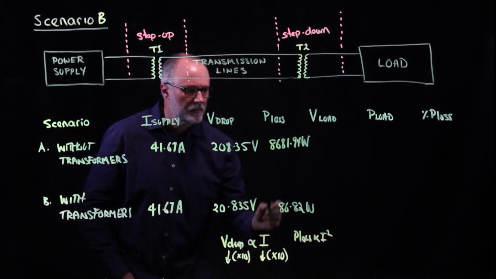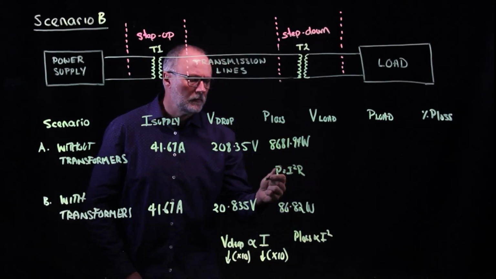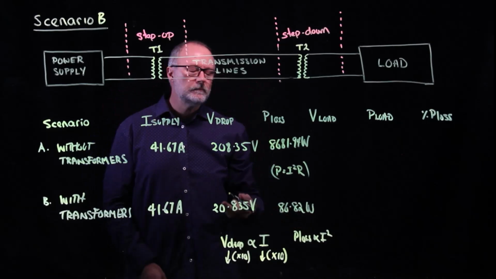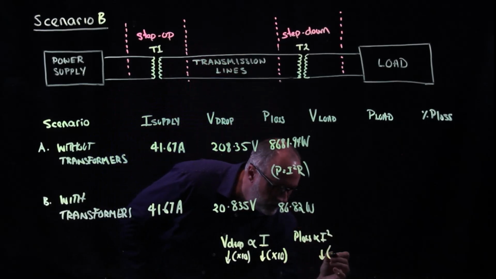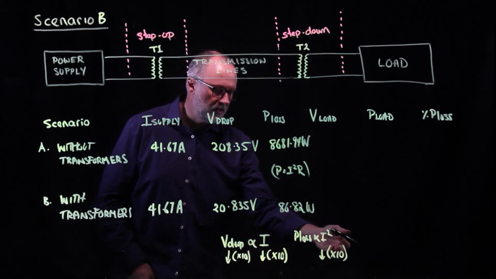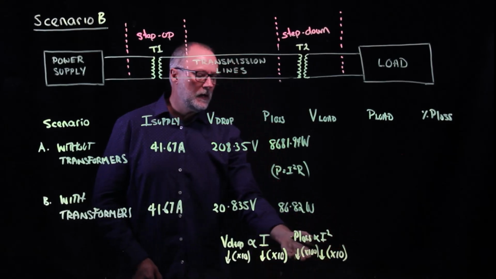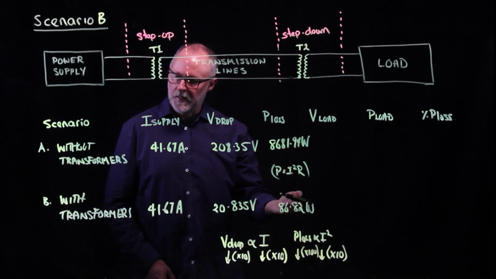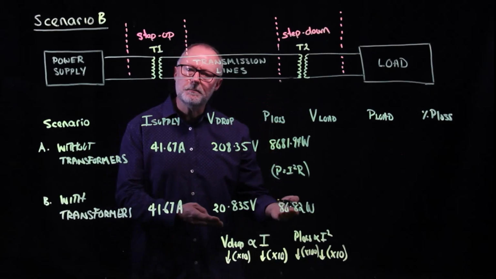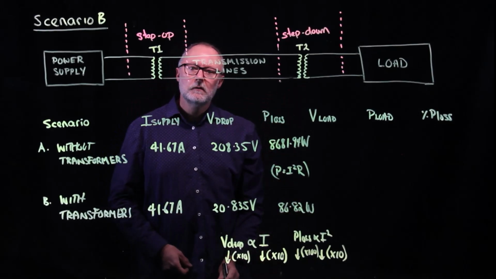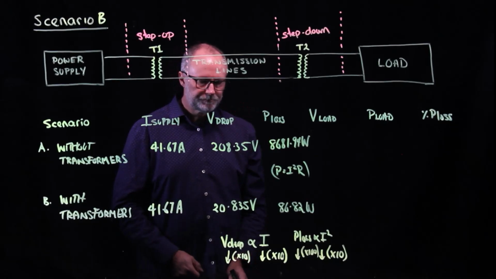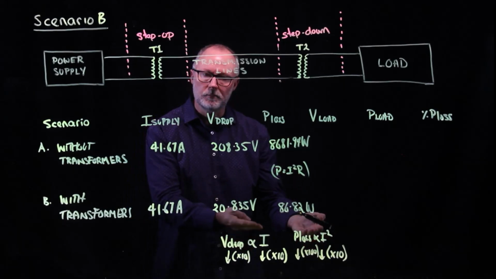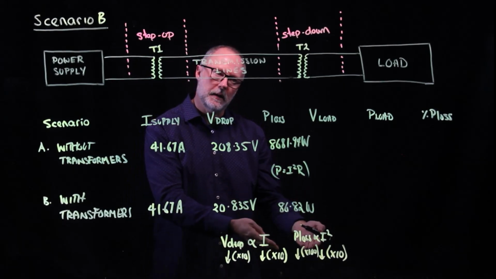The equation for power loss is P equals I squared R. When we reduce our current by a factor of 10 in scenario B, we effectively square that change and our power loss will go down by a factor of 100. 100 times less power loss in scenario B with the transformers. And this is the benefit of why we use transformers for long distance power transmissions. We want exceptionally high voltage in order to reduce our current and produce low voltage drop and low power loss.